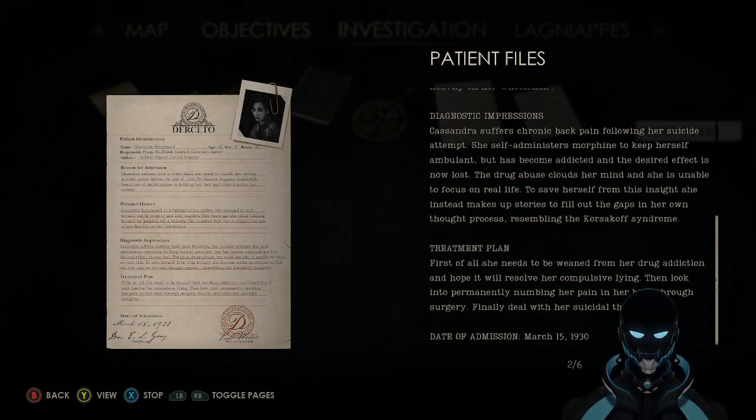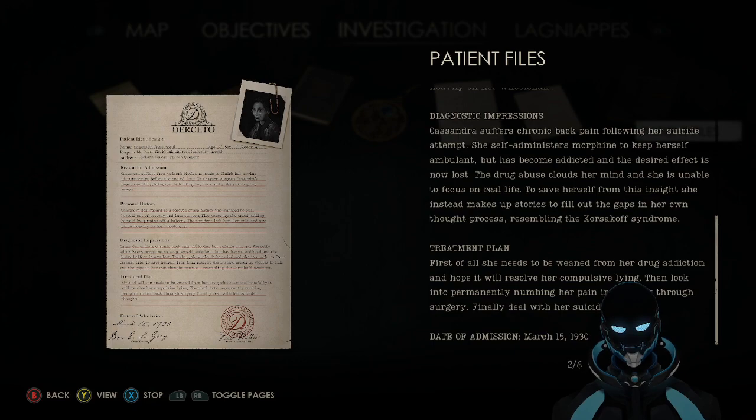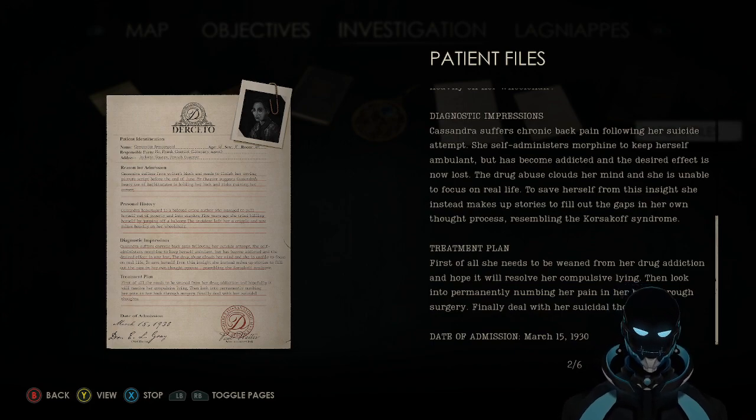Oh, bravo, Doctor. How will you treat her? First of all, she needs to be weaned from her drug addiction, and hopefully it will resolve her compulsive lying. Then look into permanently numbing her pain in her back through surgery. Finally, deal with her suicidal thoughts. Fantastic. With such a short time before June, I really hope she gets better soon. We will do what we can.